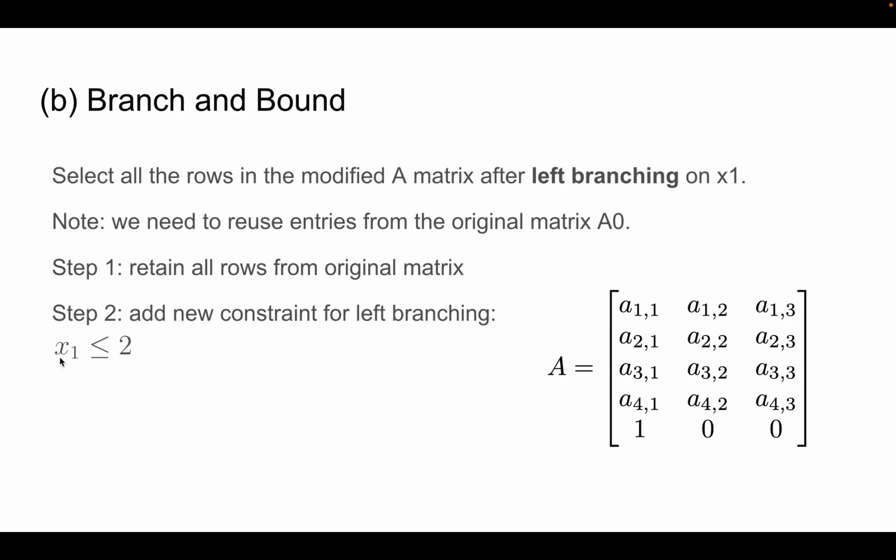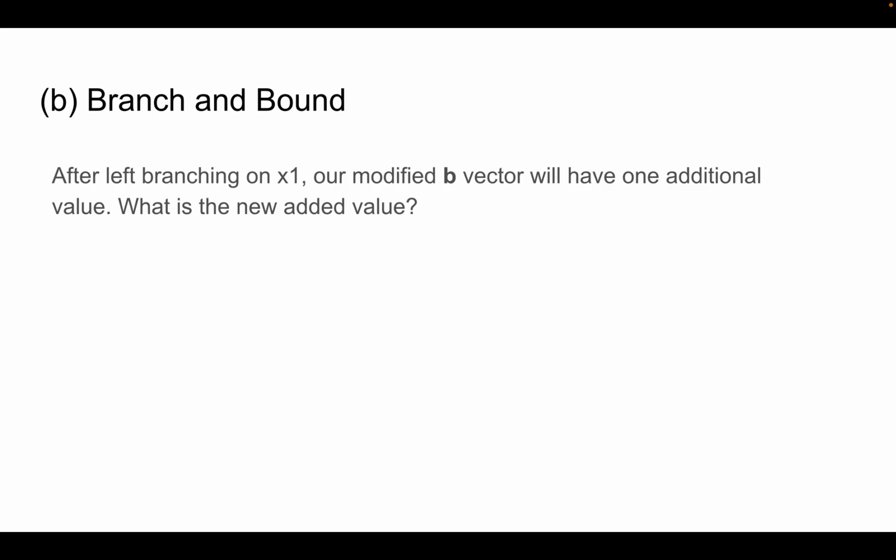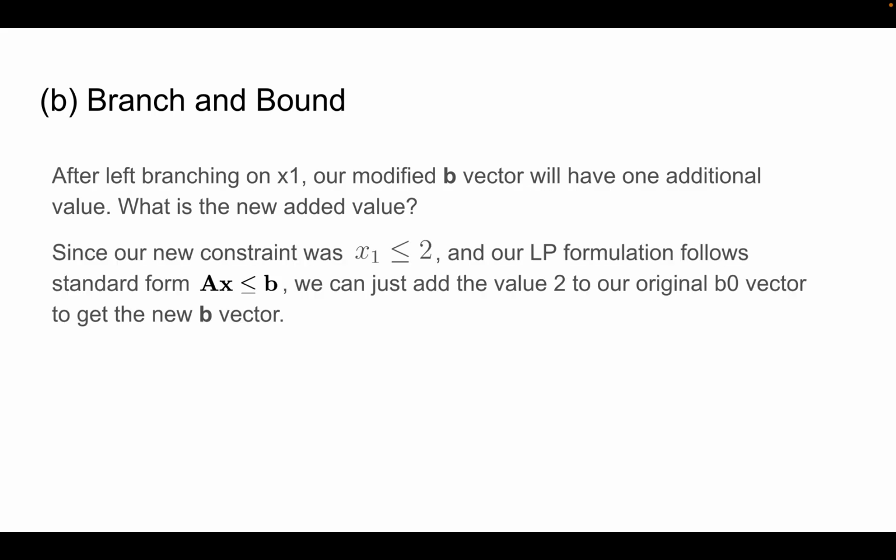So then what we're going to do now is modify our b vector, which is the corresponding side of the inequality. It's going to have one additional value. What is the new added value? Since our constraint was x1 is less than or equal to 2, and our LP formulation is following that standard form Ax is less than or equal to b, we're just going to add the value 2 to our original b naught vector, and that's going to give us the new b vector.